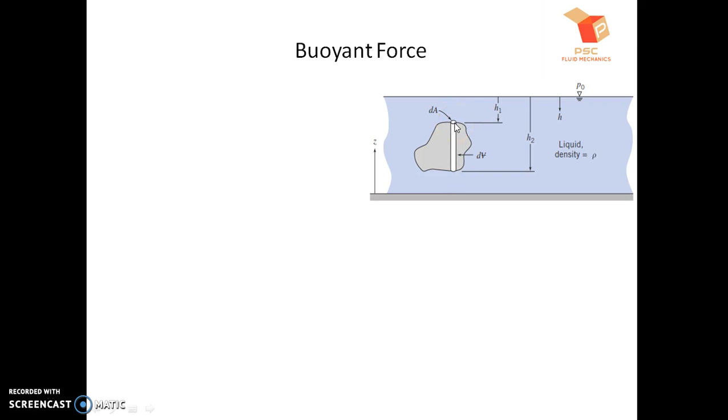Now we will determine the magnitude of this net vertical pressure force acting onto this element. We know P is equal to rho g h. It's the hydrostatic law that pressure is equal to rho into g into h. From this pressure we can determine the pressure force. So let us determine now the net vertical pressure force on the element.